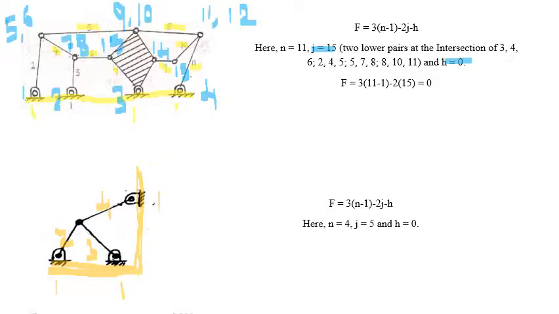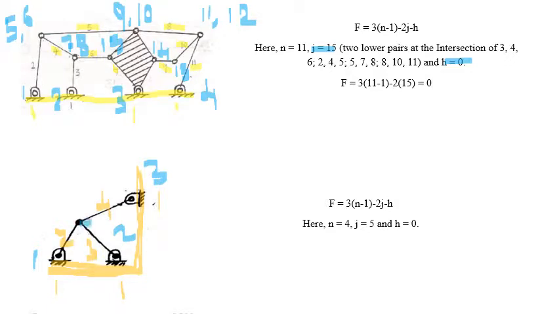Now let us count the number of lower pairs, that is having surface contact. 1 and 2 having the first lower pair, 1 and 3 having the second lower pair, next 1 and 4 having the third lower pair.